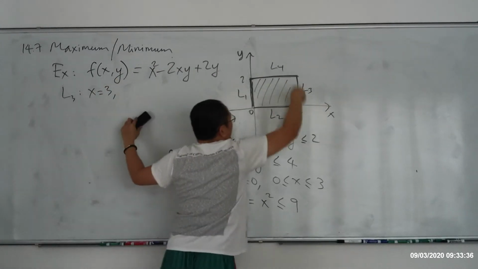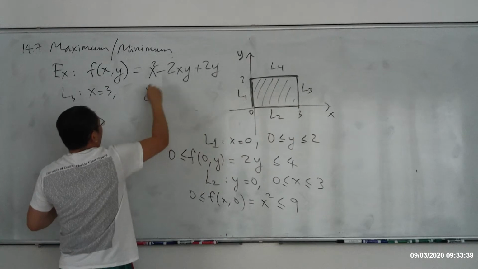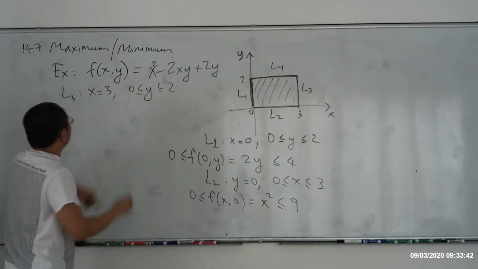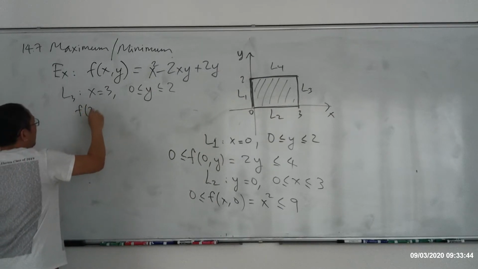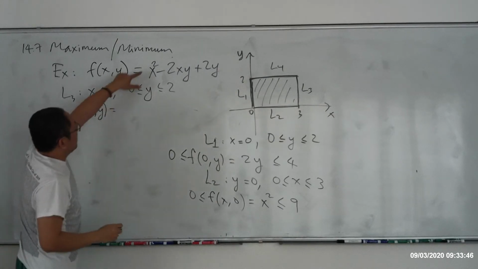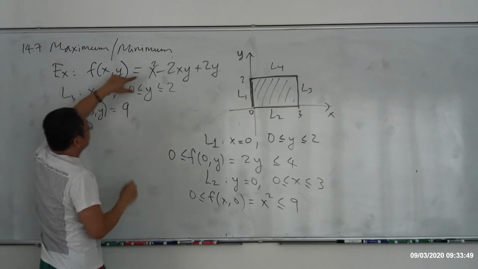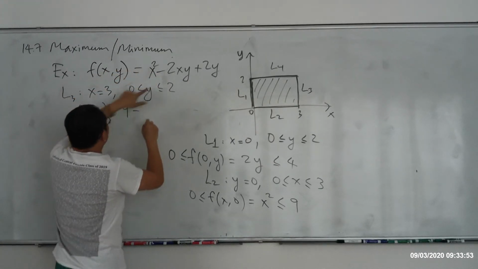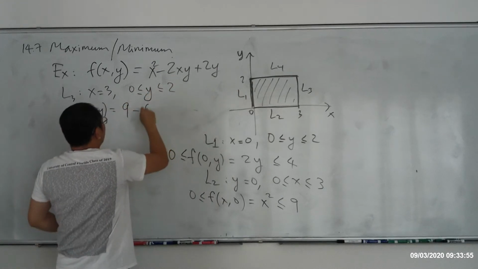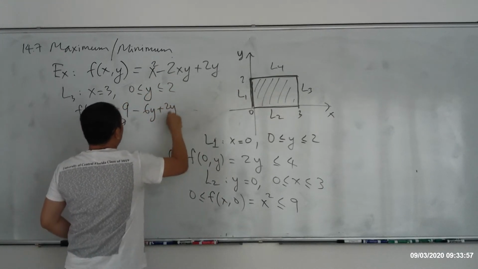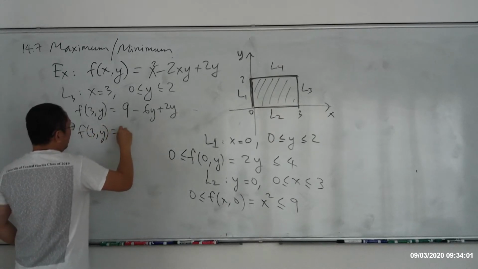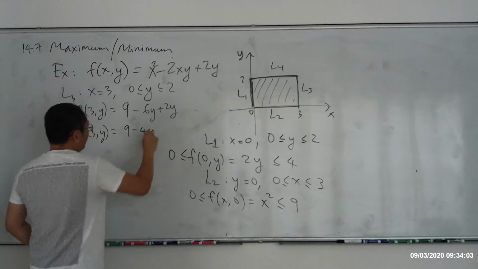This line right here, x equal to 3 and y is between 0 and 2. So I'm going to plug in x equal to 3. So f of 3, y: x is 3, this is 9 minus 6y plus 2y. So f of 3 comma y is going to be 9 minus 4y.